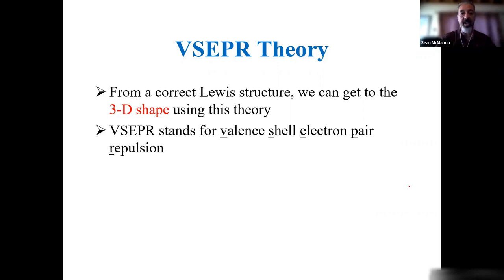Now, the reason why this is called VSEPR theory, I used to joke around Vespa because moped, but VSEPR stands for valence shell electron pair repulsion theory. So when I think about shapes, it is due to this theory of valence shell electron pair repulsion. So what does that mean? Okay, valence shell.